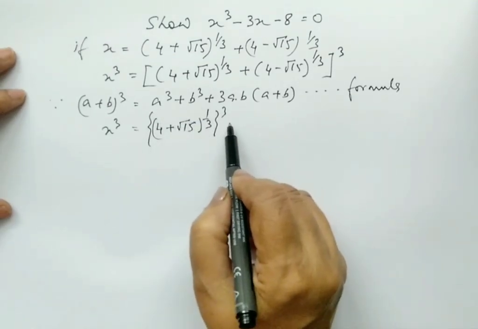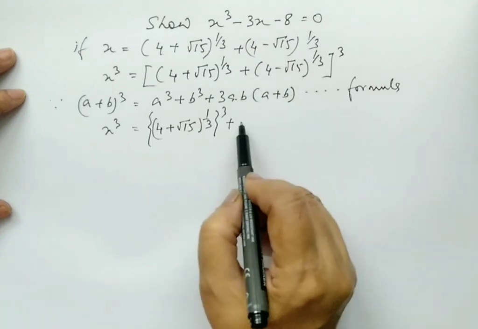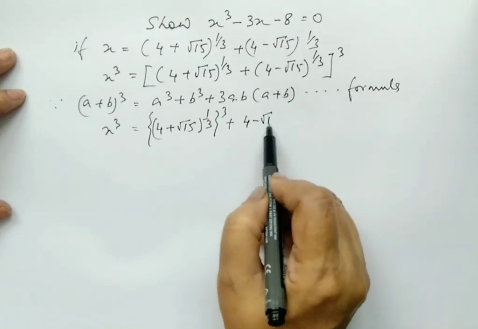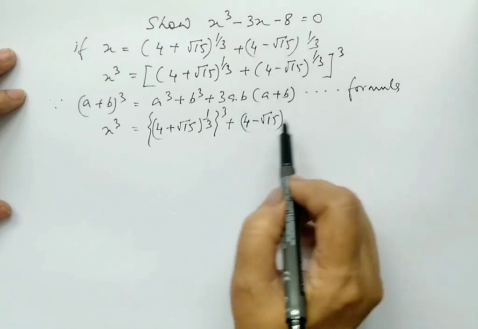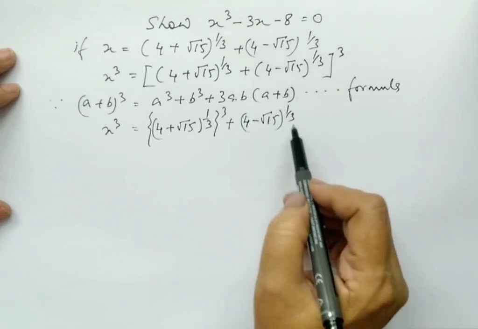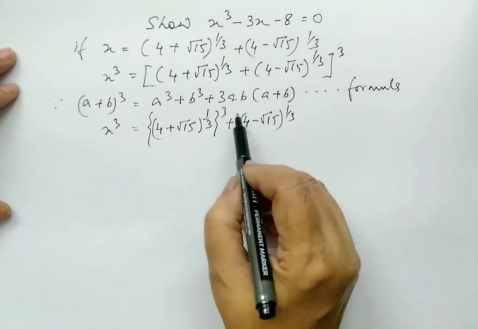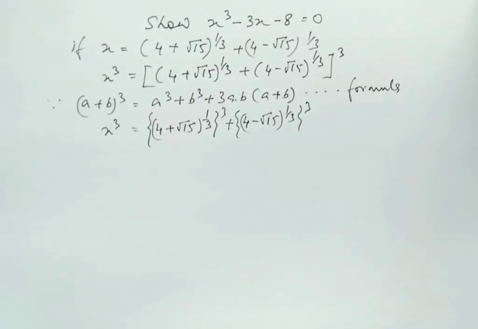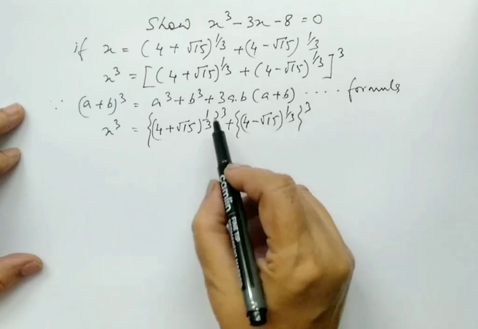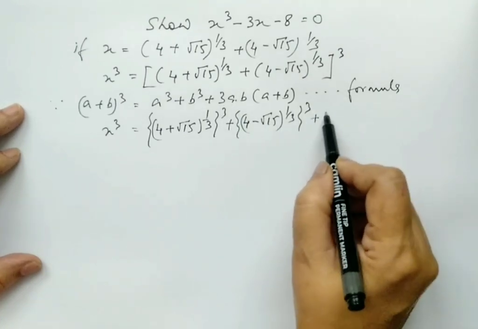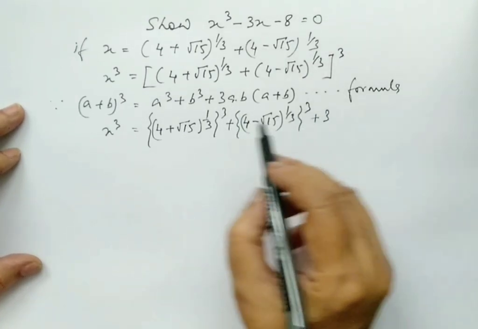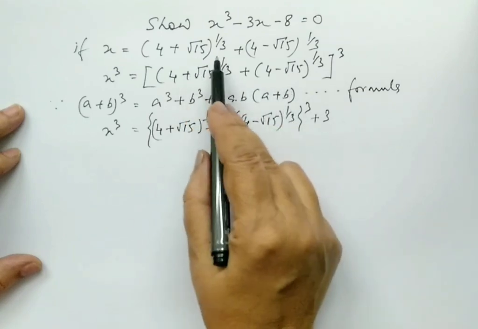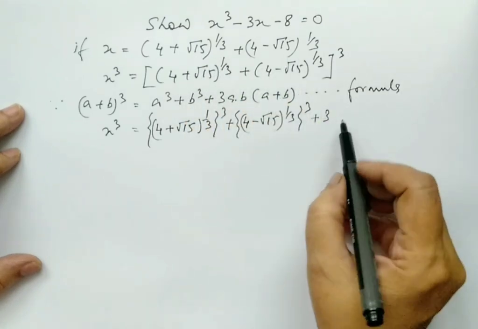Now let's do the other one. 4 minus root 15 to the power of 1 by 3, and then we have a curly bracket and then another cube outside for B, correct? Next we go to 3 plus 3, and A is this and B is this.